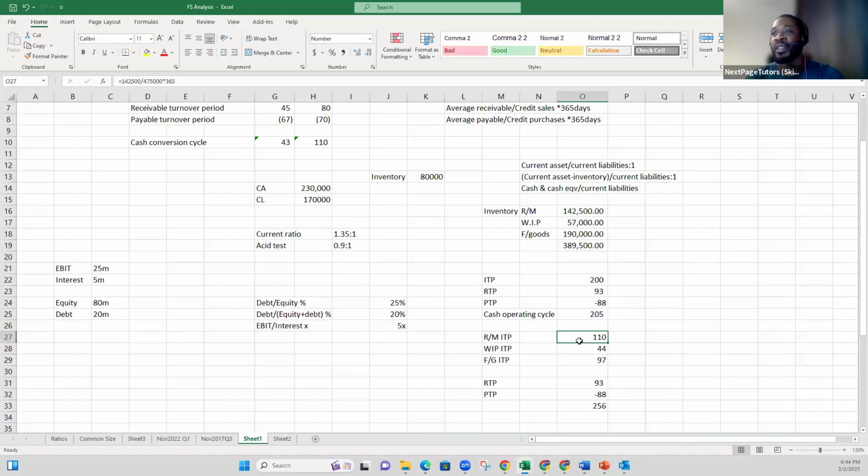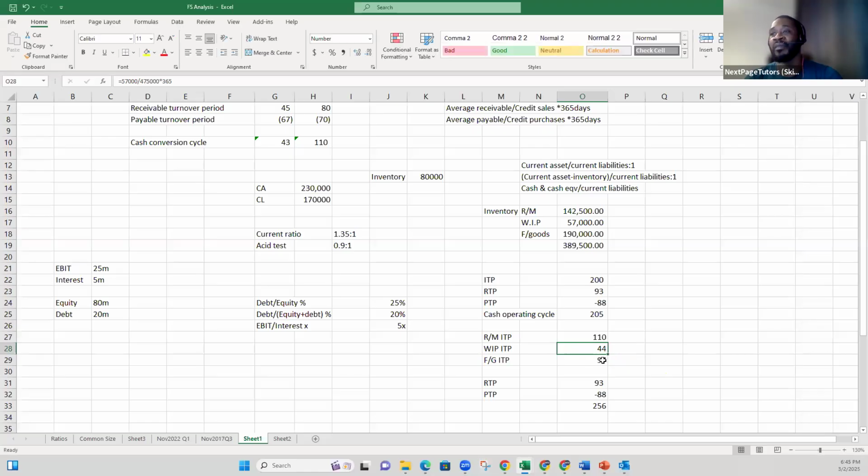Let me see what we worked with here. We still worked with purchases, right? We work with purchases, but if I work with cost of goods sold, I will not be wrong. So you just need to state your assumptions clearly if you're making any assumption. So here we are probably assuming that it is closer to raw material than finished goods.